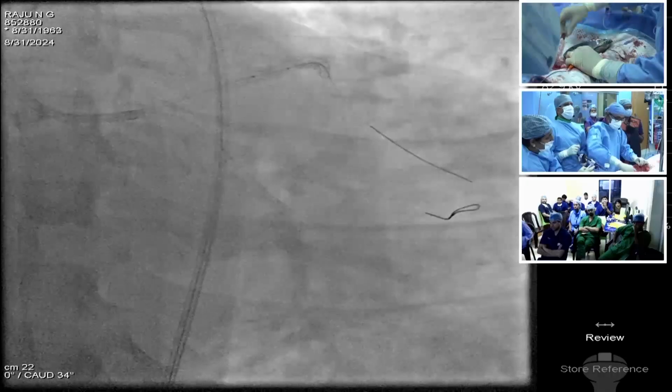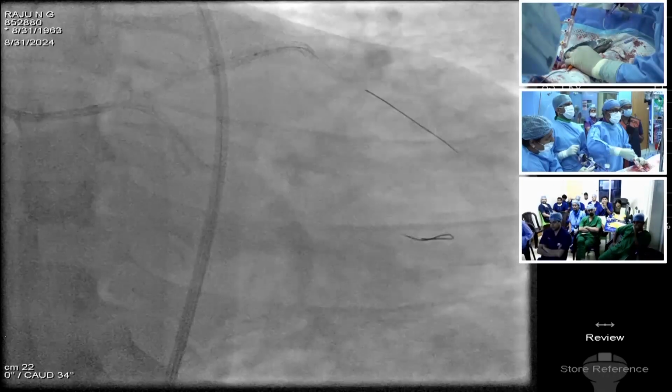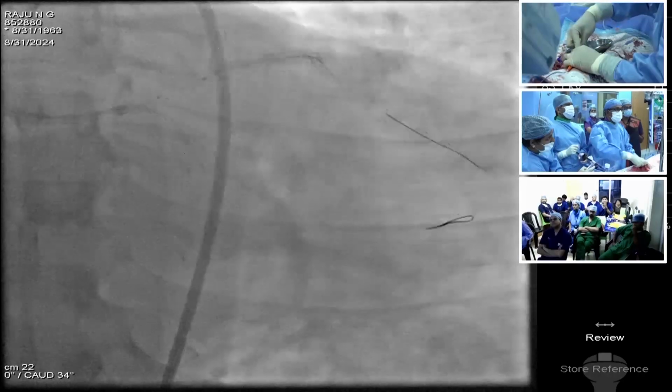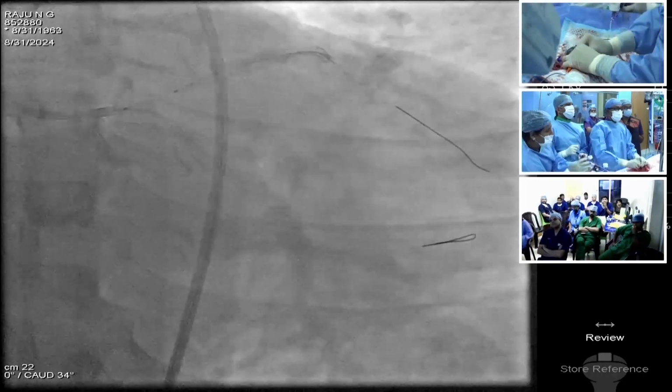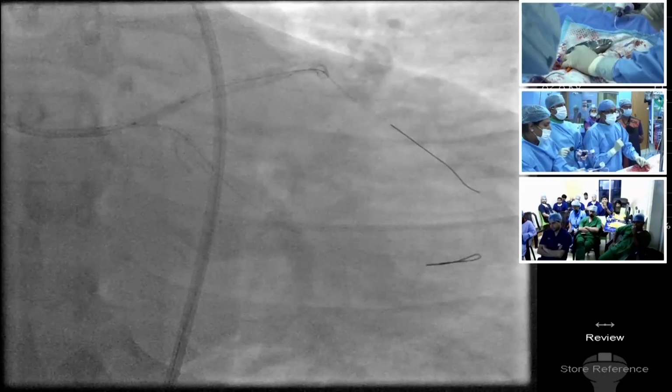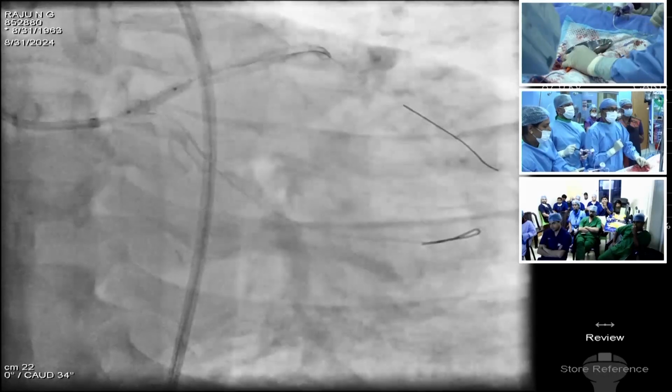Now we'll pull back the other balloon. Okay, 14, 16, 18, 20, negative.